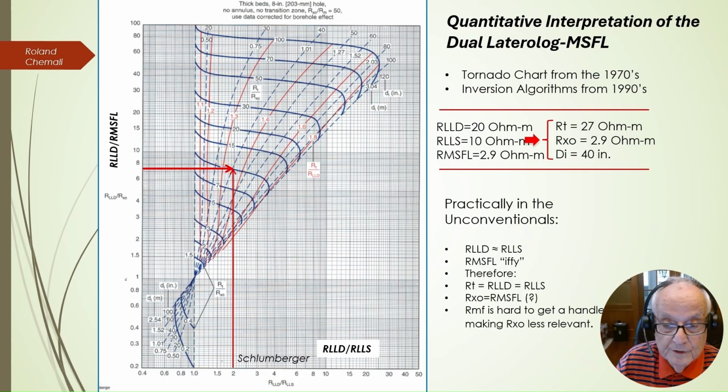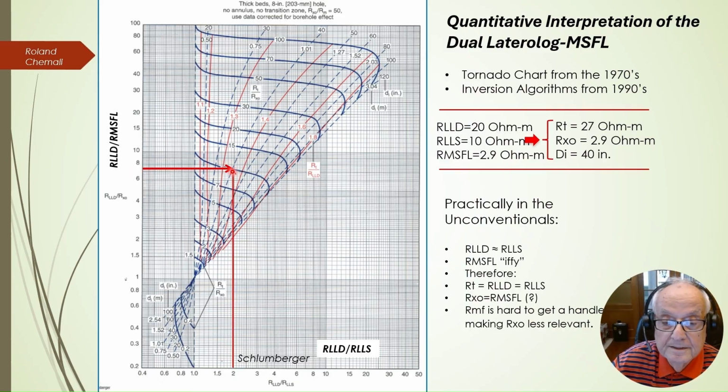So how do you use this whole contraption? Originally the inversion was done by a chart. It required a very sharp vision. Since the 80s, the inversion started being done by a computer algorithm, as you might have guessed. Let's suppose that you have the deep lateral log and the Micro-SFL, and you read the ratio of the deep lateral log versus the shallow lateral log. Here is an example: RLLD is 20, RLLS is 10, RMSFL is 2.9 ohm-meters.